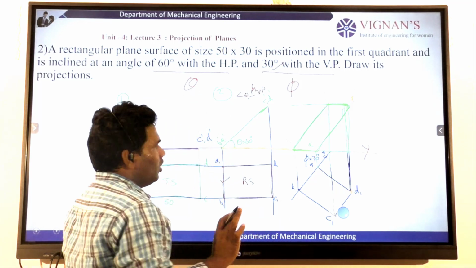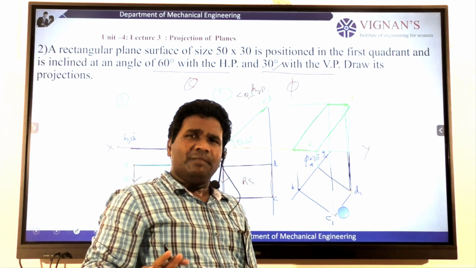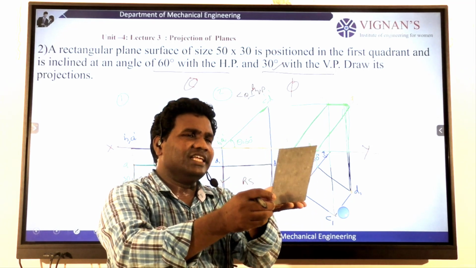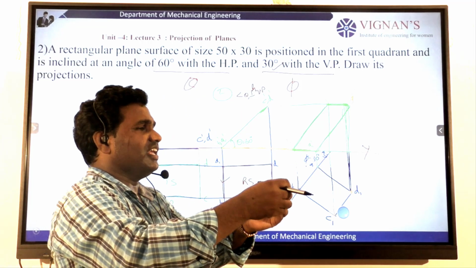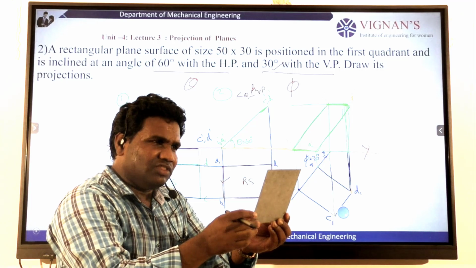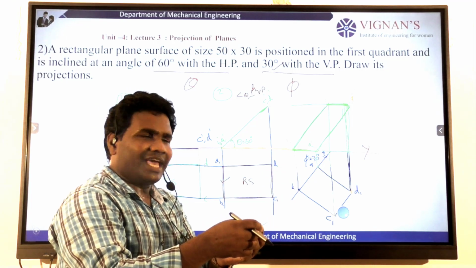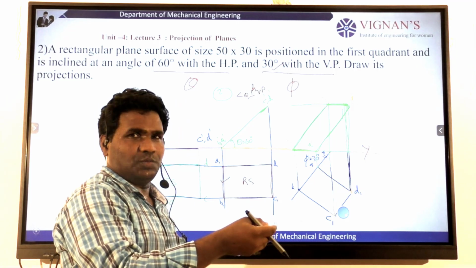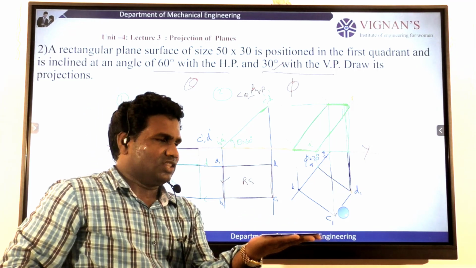So how did we solve this problem? Initially, the plane makes an angle of 30 degrees to VP and 60 degrees to HP. But we removed the inclination with VP and kept the inclination with HP. Again we removed the inclination with HP, and finally we got this position.